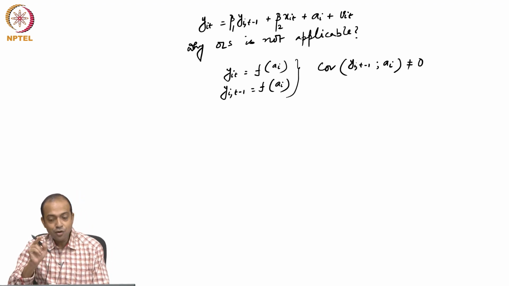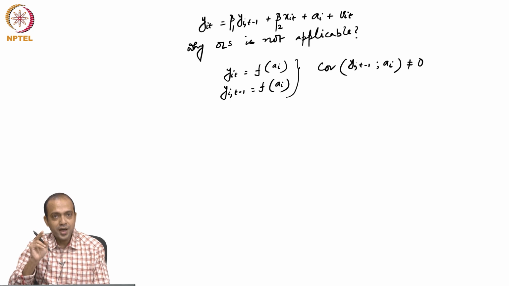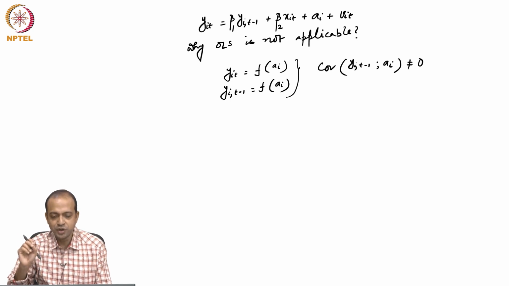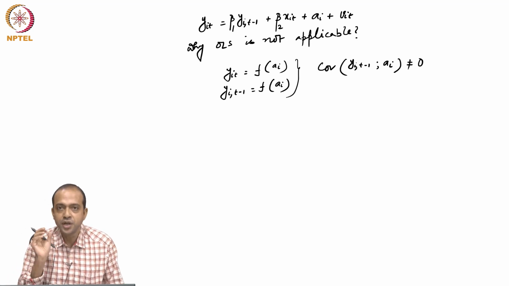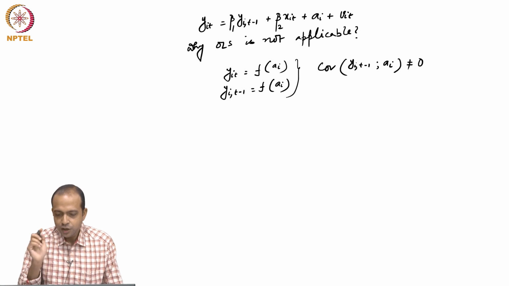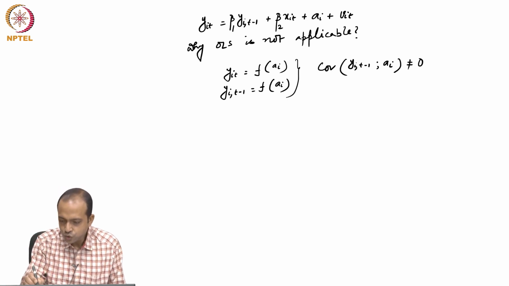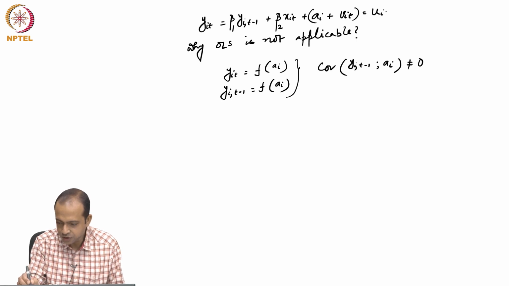And if you can recall, one of our 10 assumptions of the classical linear regression model was that none of the regressors should be correlated with the error term. Okay. So, this is nothing but uit, right.